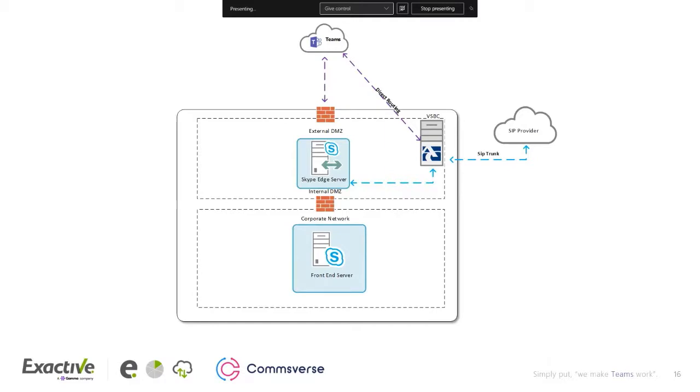Or if you have E5, it's already encompassed in there. You essentially need to create a PSTN usage, a voice route, very similar to Skype, and a voice routing policy instead of a voice policy for Skype for Business, so essentially controlling what your users can and can't do. And then also a dial plan.